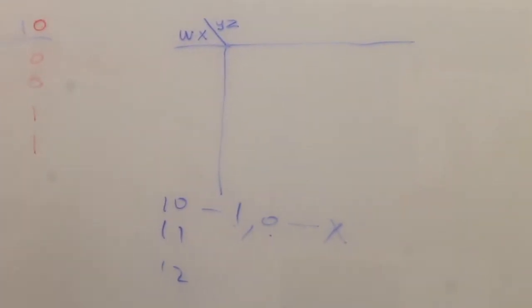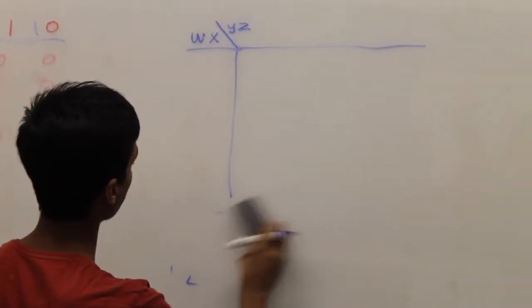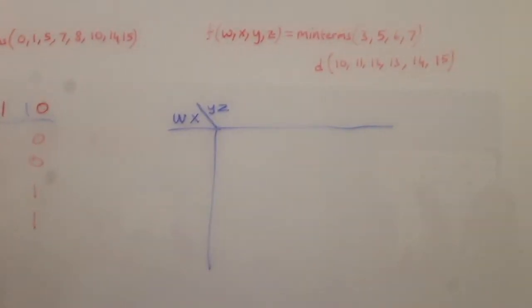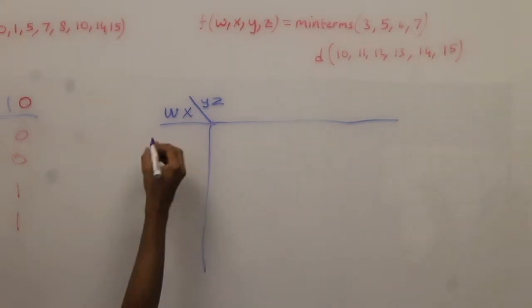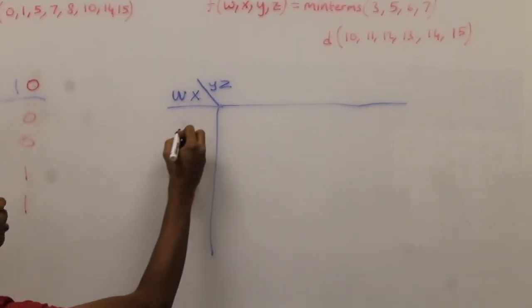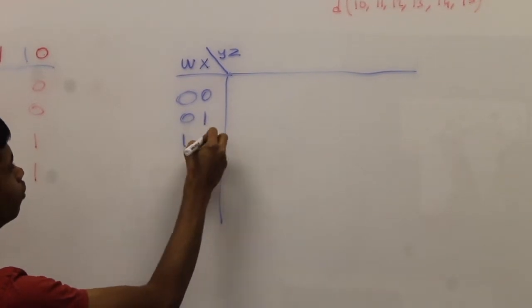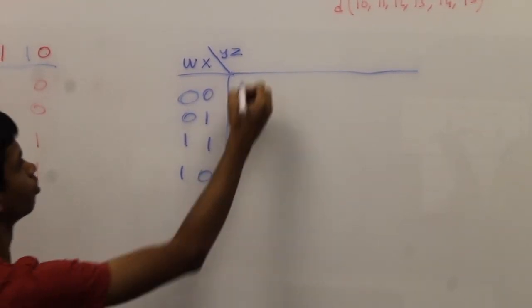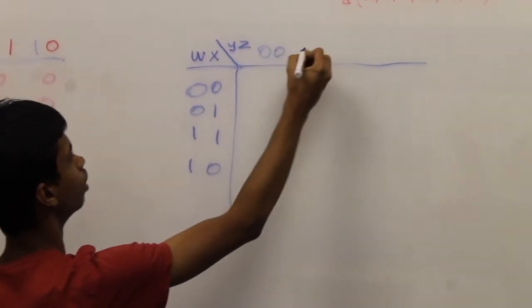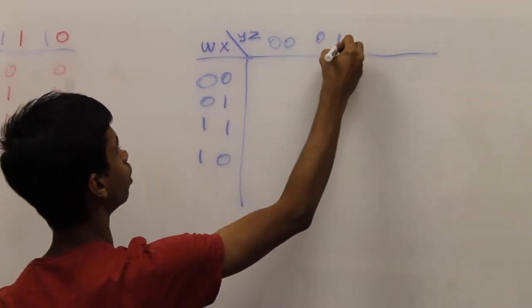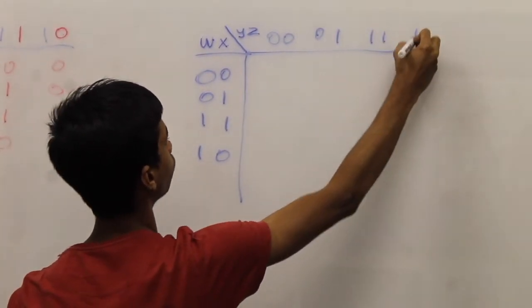Now we are going to construct the K-map for this question. We use the same notation as in the last question: 0, 0, 0, 1, 1, 1, 1, 0.